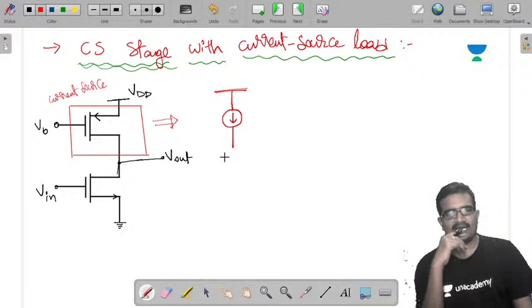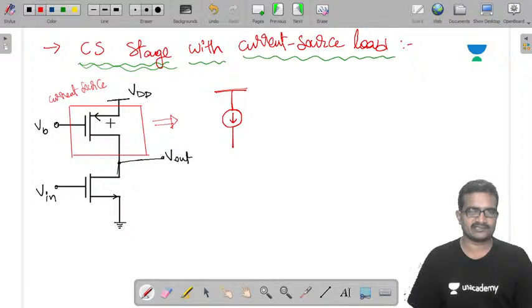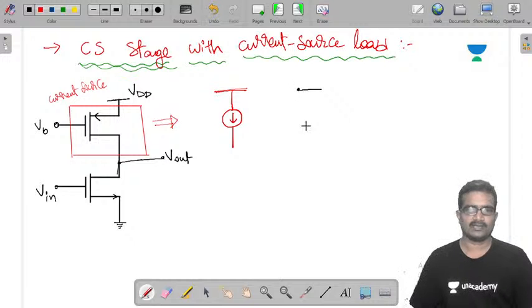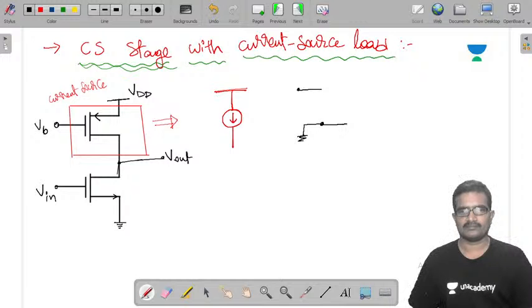Now I am going to replace this MOS device by its small signal equivalent. So here is the source, here is the gate. In small signal analysis, the biasing voltage is connected to ground, so the gate is connected to ground, and the source is also connected to ground.